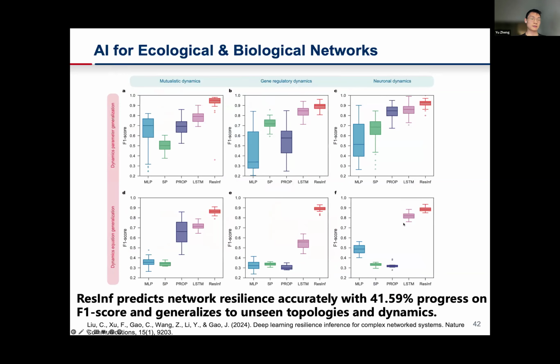If we run ResInf on both ecological and biology networks, we can see that it predicts network resilience accurately with over 40% progress on F1 score, and it can generalize to same topology, same dynamics.